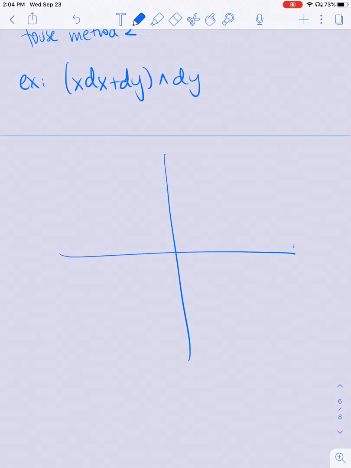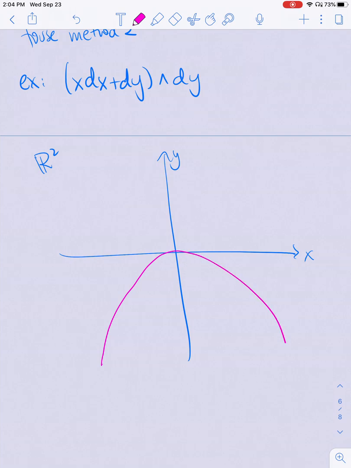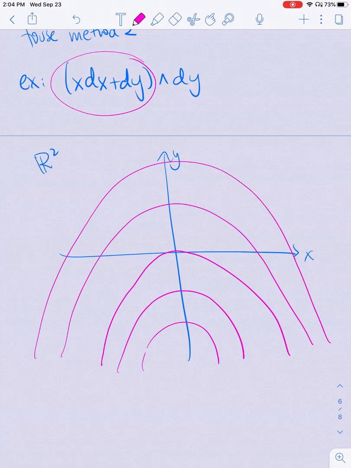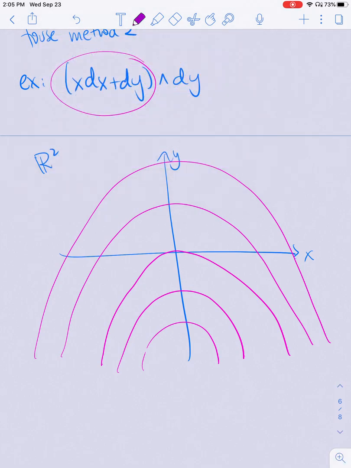So I had my x and y axes, and I have all my little sort of parabolas as the level sets, as the kernel of that one form, and then for dy, my level sets are here.